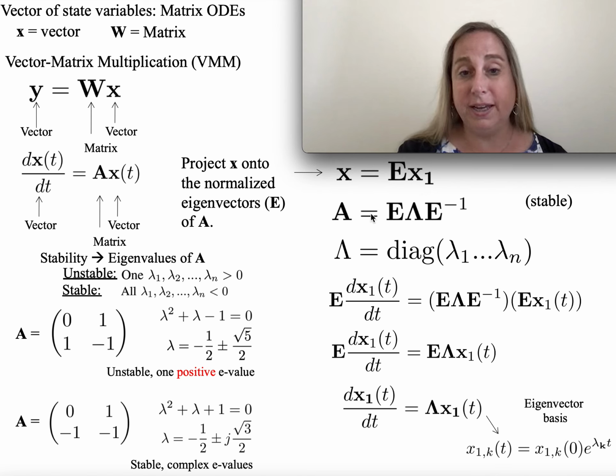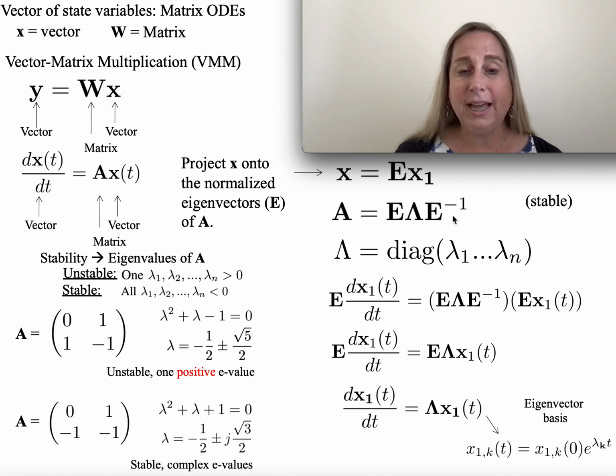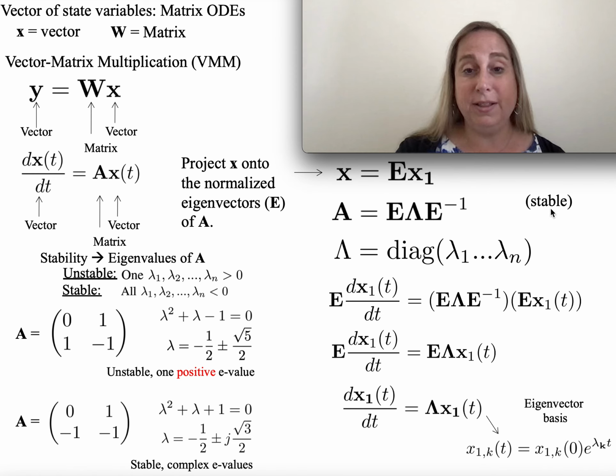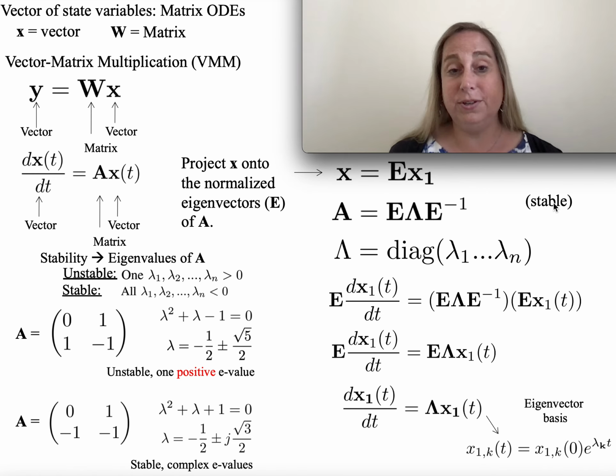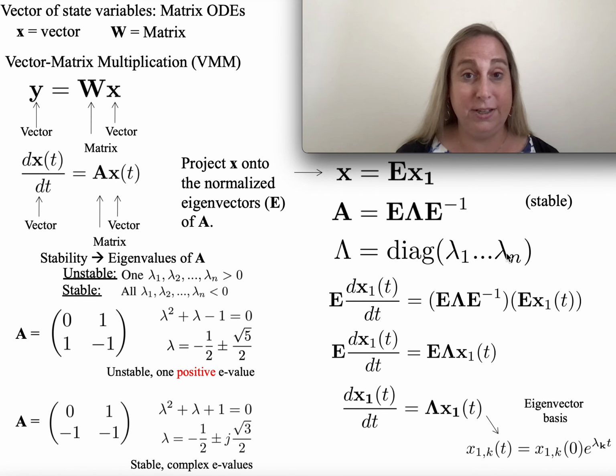A is going to be defined with a particular structure, E lambda E inverse, where lambda is a diagonal matrix that has the ordered eigenvalues of the system. And you go, well, is it stable or not? It turns out it depends entirely on the eigenvalues and their sizes. That's an interesting question. How would I show that?